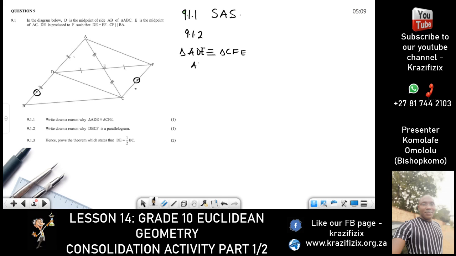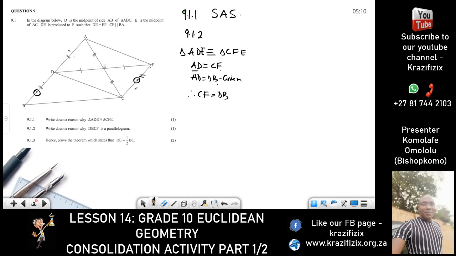It means that then line AD should be equal to CF. But line AD is equal to DB, which is given, and the same line AD is equal to CF. Therefore, can we then say that CF is equal to DB?